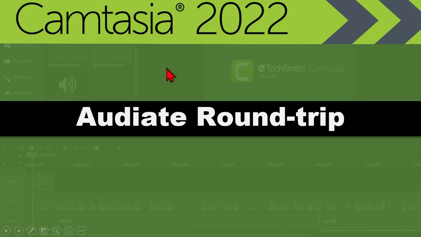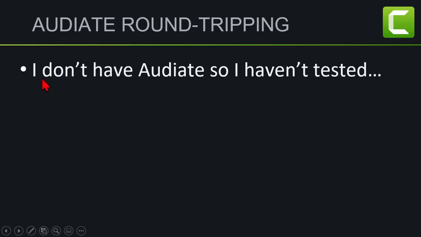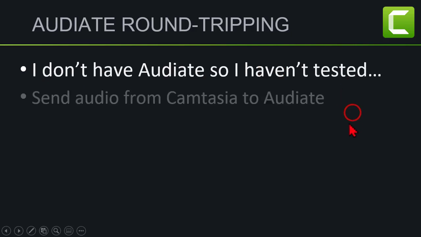In the realm of I personally don't care, has to do with Audiate. Audiate is TechSmith's audio program platform thingy. And what they've added is what they call an Audiate Round-trip. So if you use this expensive service, I don't have it, so I haven't tested it. All it does is provide the ability to connect Camtasia directly to Audiate.